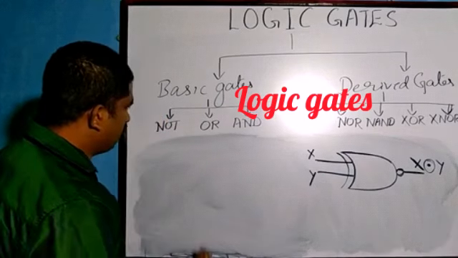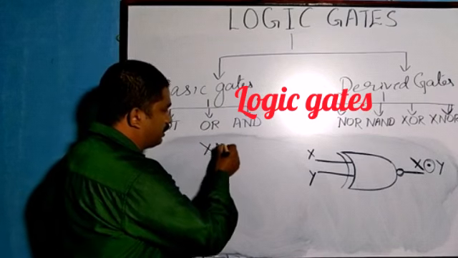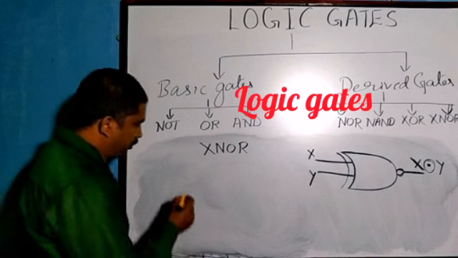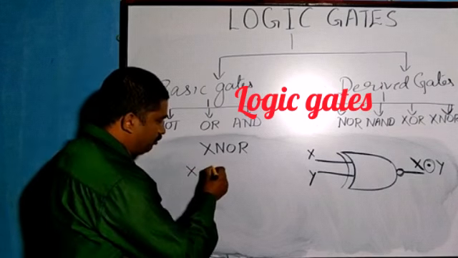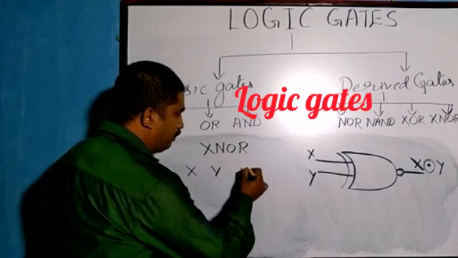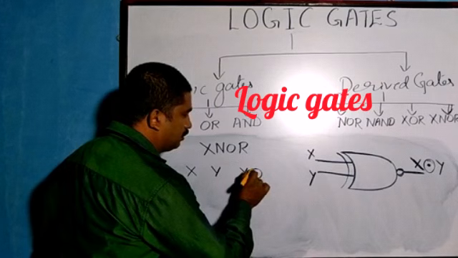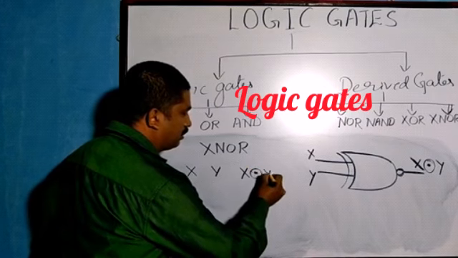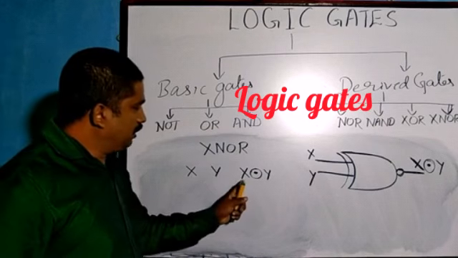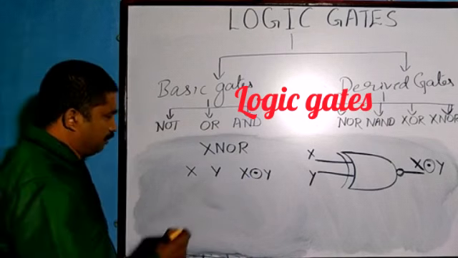Now let us study the truth table for the XNOR gate. Okay. So as usual, we have 2 inputs. For the minimum case, we have 2 inputs. Then the output will be X dot Y, then put a circle. So this is the symbol and truth table.